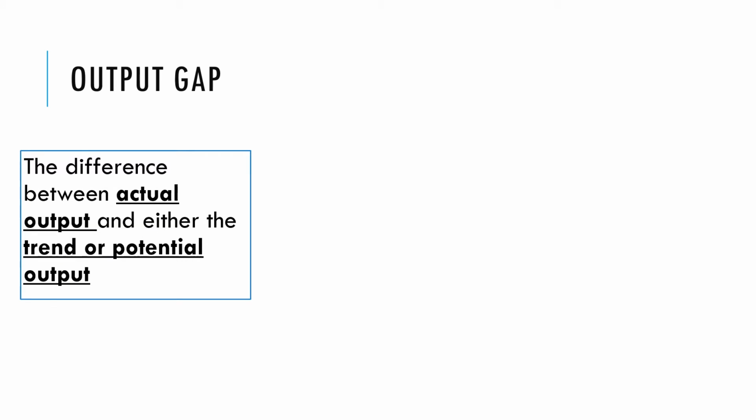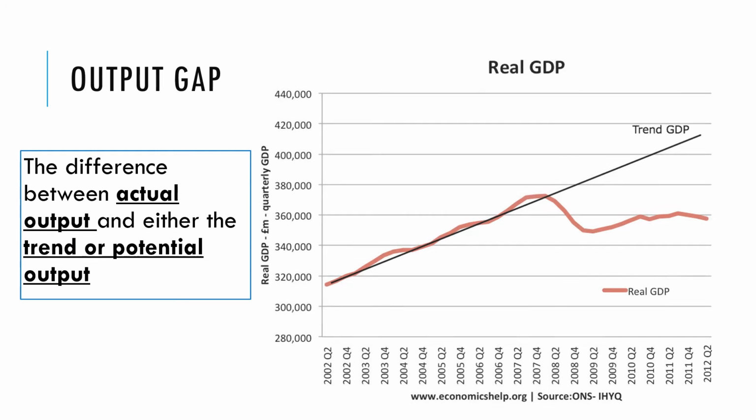Now, an important concept for us to understand is that of an output gap. An output gap is where there is a difference between the actual output and either the trend or potential output. So if you have a look at the UK economy, we can see that between 2002 and 2008, real GDP is indicated by the red line.